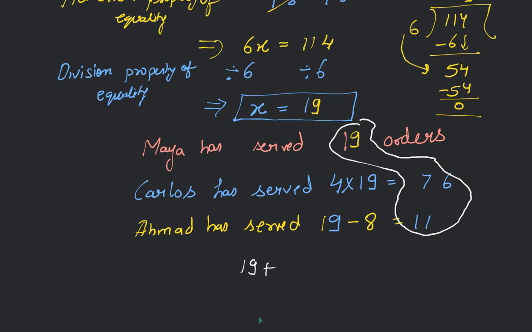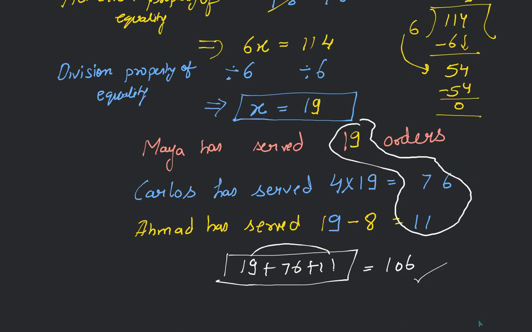So 19 plus 76 plus 11: if we add 19 and 11, it becomes 30, and 30 plus 76 is equal to 106. It means that the solutions are correct.